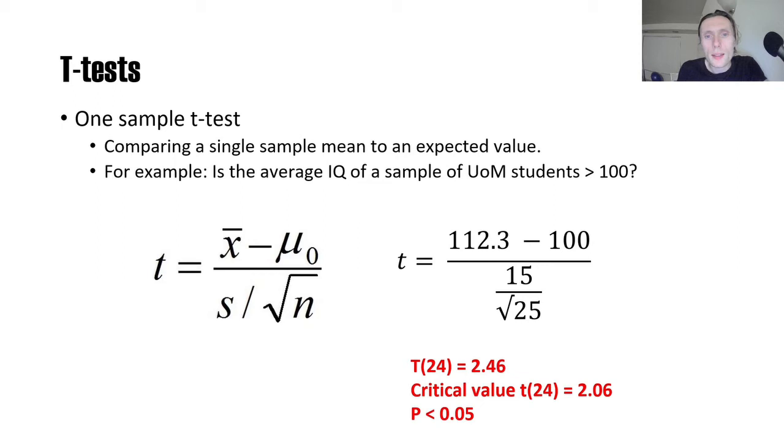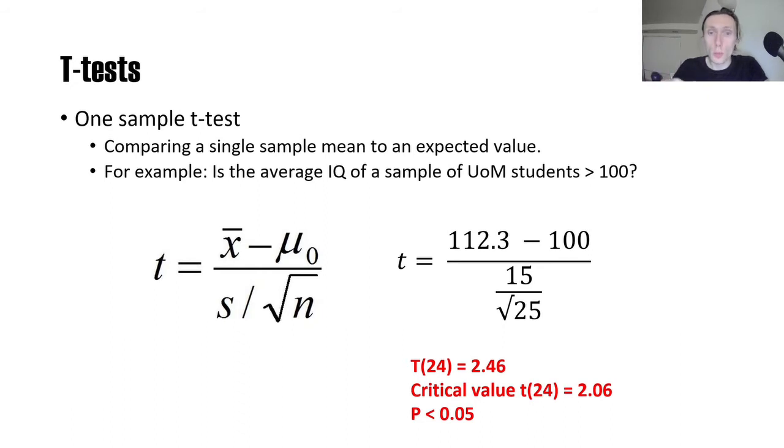It means that the students having an average IQ of 100 is very unlikely, because the chance of that being the case is smaller than 5%. So the chance of students of the University of Minnesota having an average IQ around 100 is smaller than 5%.